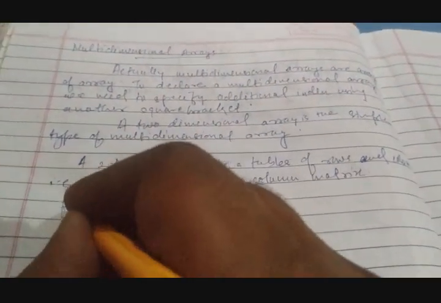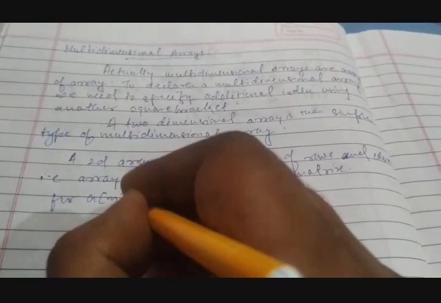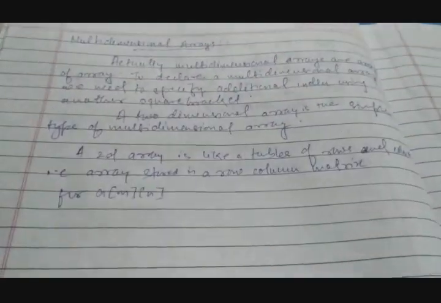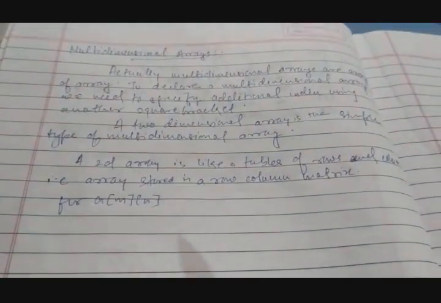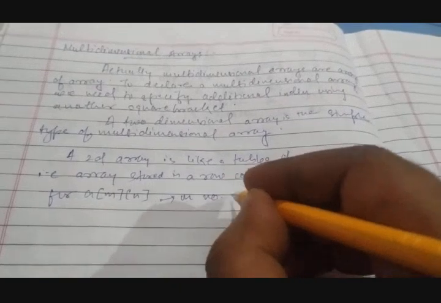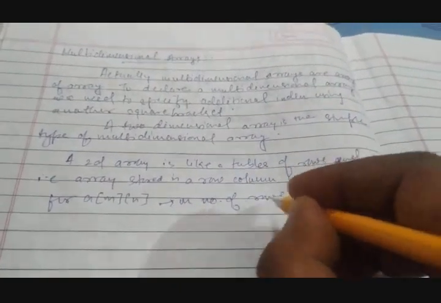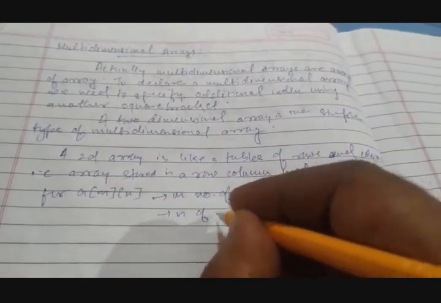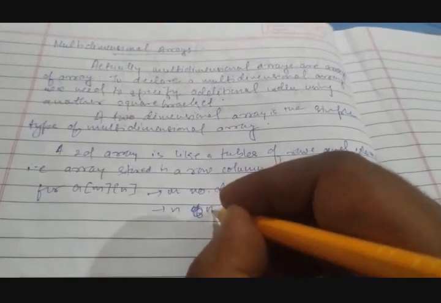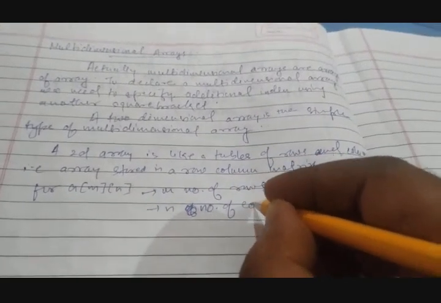For example, an array [m][n]. Now what does it mean? m number of rows and n number of columns.